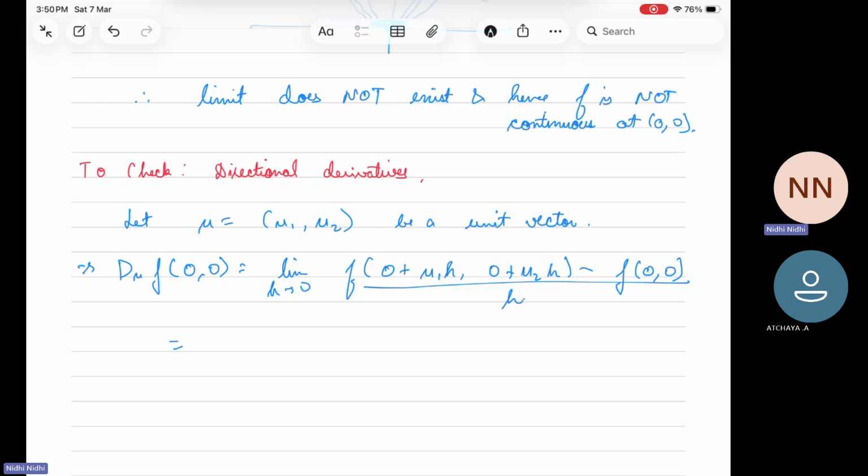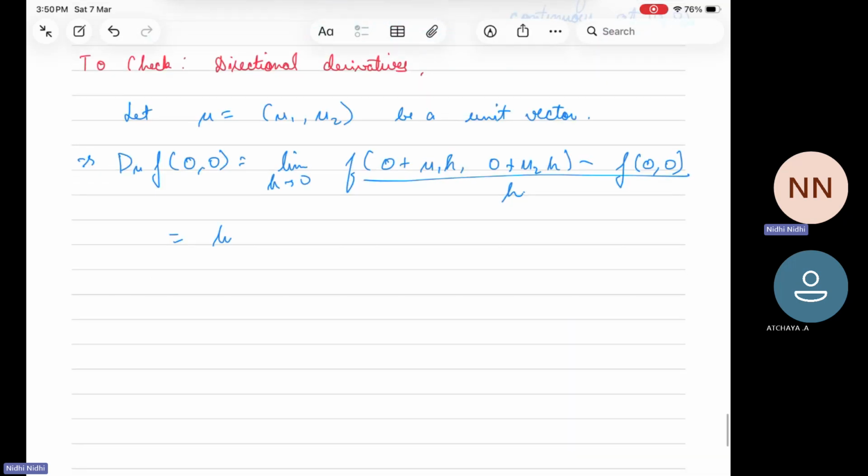Since u1, u2 both cannot be 0 at the same time because u is a unit vector, that means we are evaluating the value of function at some point which is away from origin.